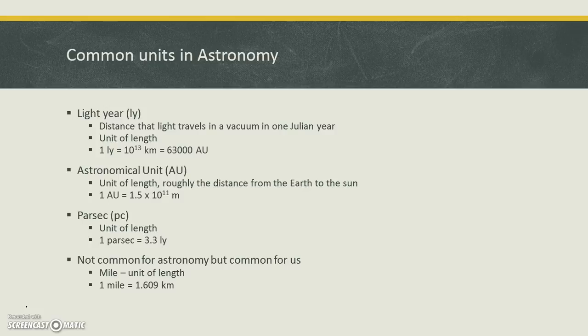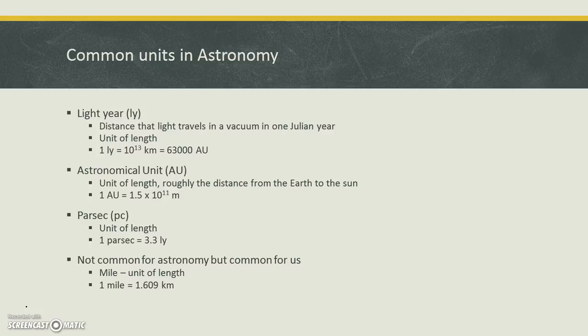Well, why does that mean anything, Mr. Dark? What in the world is an astronomical unit? Well, let's look at that. Astronomical unit. Abbreviation is AU, unit of length, and it's roughly the distance from the Earth to the Sun. Now, the Earth goes around the Sun, and it doesn't go in a perfect circle. It's kind of close, but it doesn't go in a perfect circle.